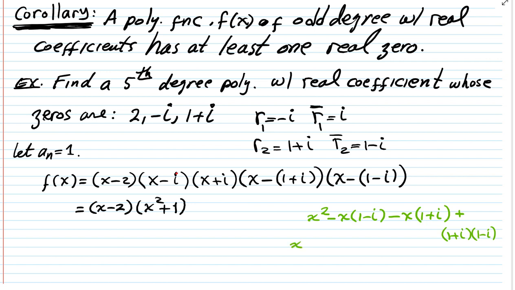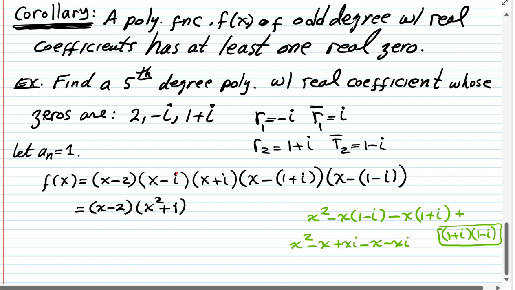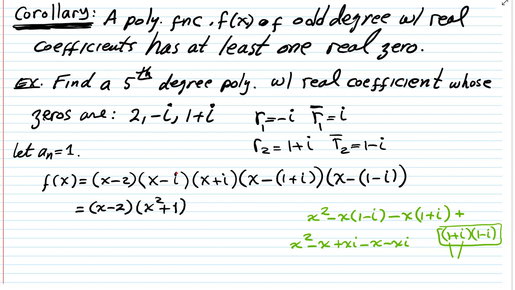Let's carry on. This becomes x squared minus x plus xi. Next, I'm going to get negative xi, right? Plus, and then again, we are multiplying 2 conjugates. When we multiply those 2, what are we going to get? You square the first one, you square the second one, the coefficient on the second one, which is a 1, right? This is just i, so this coefficient is 1. So you're going to get plus 1 squared plus 1 squared, right? Again, that's because i times negative i gives you negative i squared. That's where this one comes from.